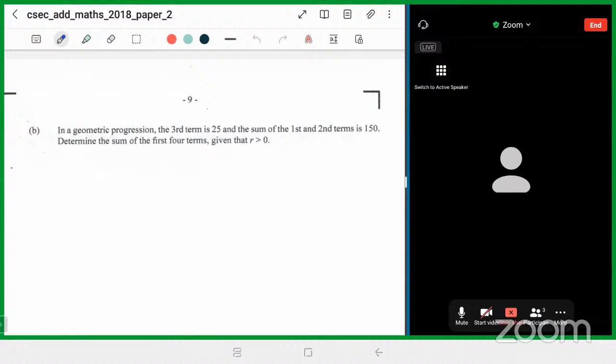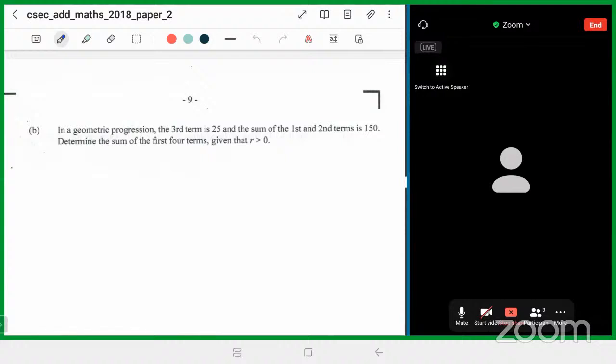Okay, wait. 1 equals, what do you mean 1? Where did 1 come from? You can't call the first term 1, call it A. 150 equals, wait, no, the sum of the first and the second term is 150.